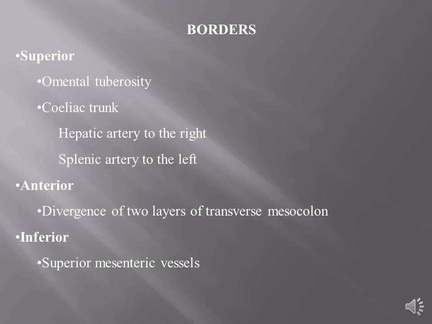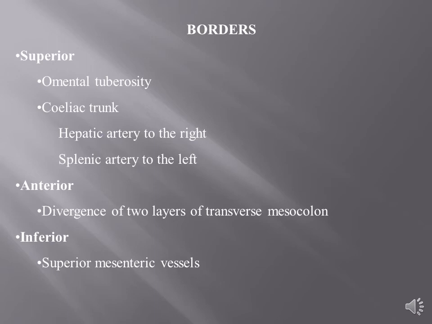As we know, omental bursa is the name of the lesser sac. It has an important relation to the celiac trunk, which lies just above this superior border, and it is related with the branches of the celiac trunk. The hepatic artery goes to the right, and the splenic artery, a tortuous vessel, runs on the superior border towards the left side.